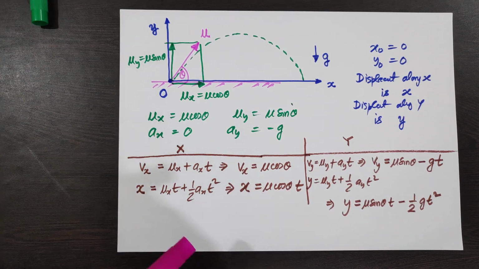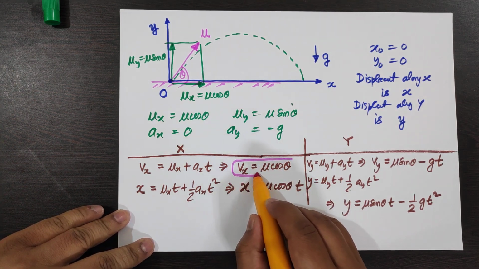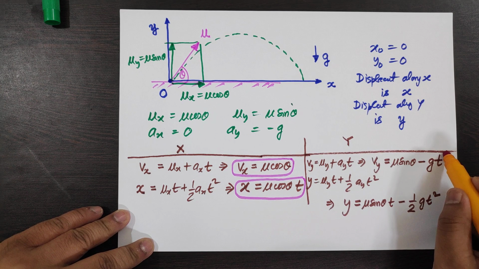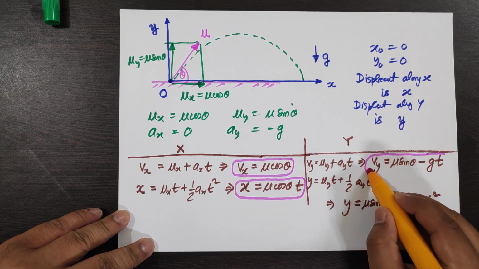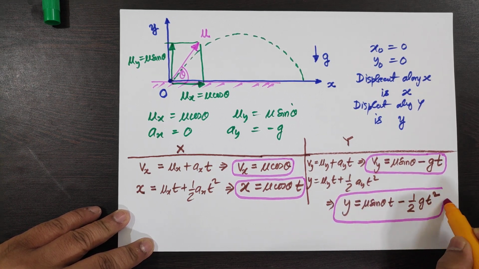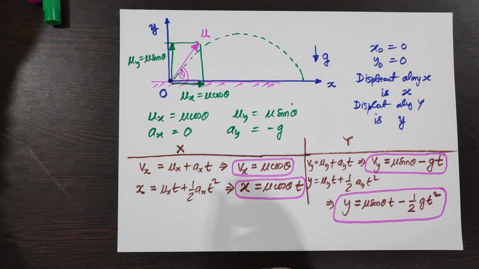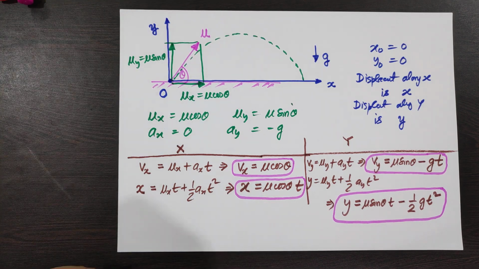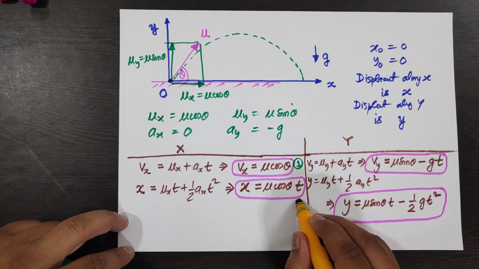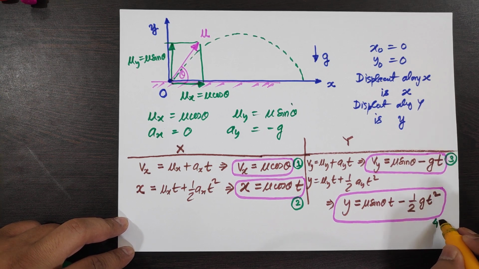Let's mark the equations. Name this equation 1, this is equation 2, equation 3, and that's equation 4.